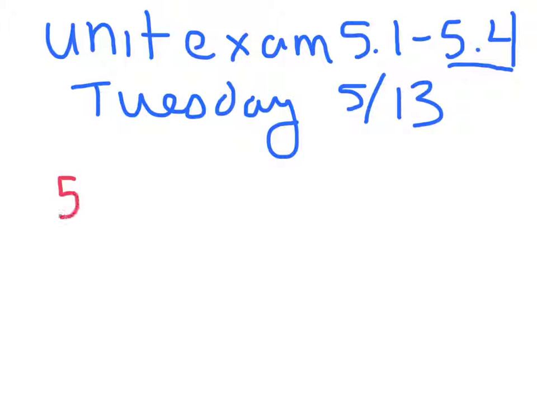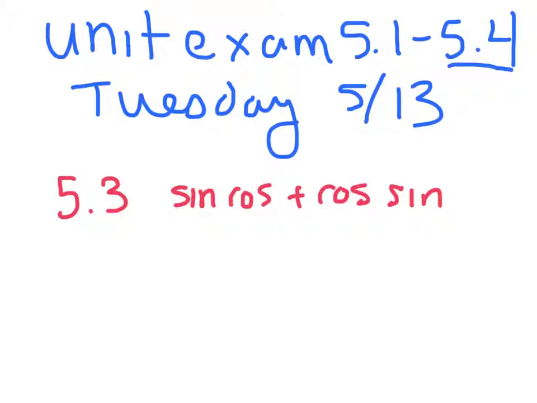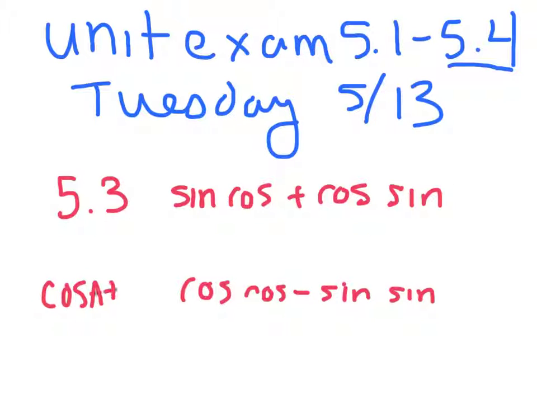For 5.3, you need to go back and make sure you have those rules: sine, cosine, cosine, sine, sine has the same sign for the sine sum rule, and cosine, cosine, sine, sine has the opposite sign. So this is cosine of alpha plus beta.